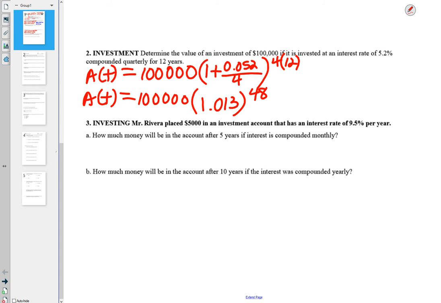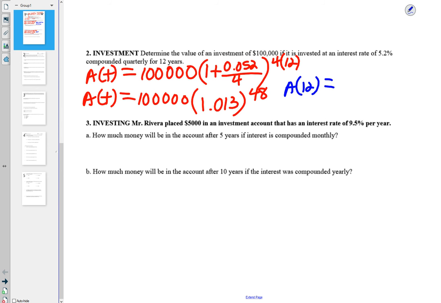Now just drop it into the calculator. The amount after 12 years is equal to 100,000 times 1.013 to the power of 48. Not too shabby.